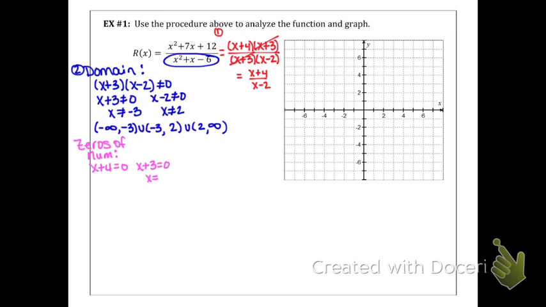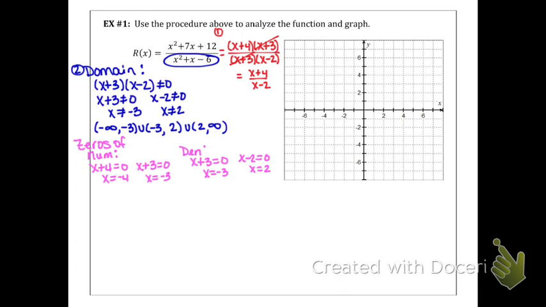And so we'll get x is negative 3 and x is negative 4. And then we're going to do the same thing for the denominator, which really we just did because that was how we found our domain, but we're just going to set it equal to 0. So x plus 3 equals 0, x minus 2 equals 0. And so we get x equals negative 3 and x equals 2.